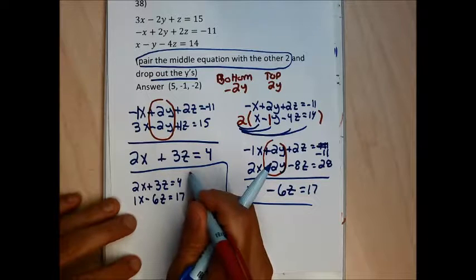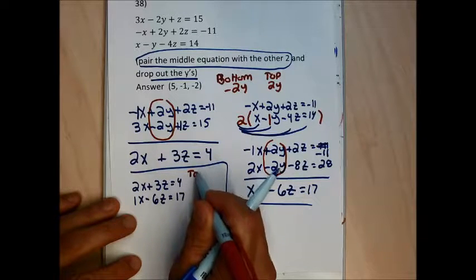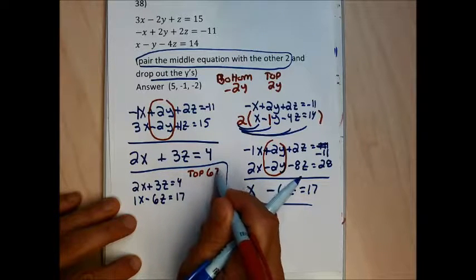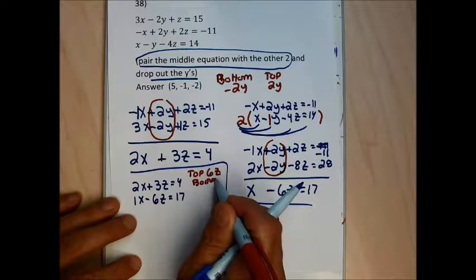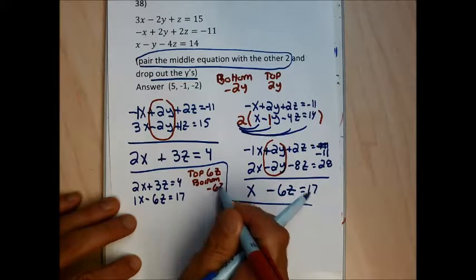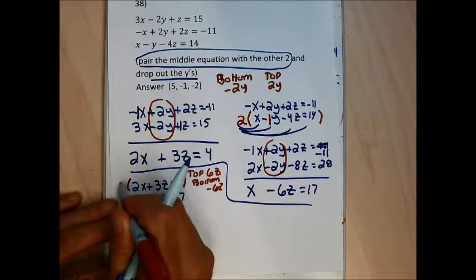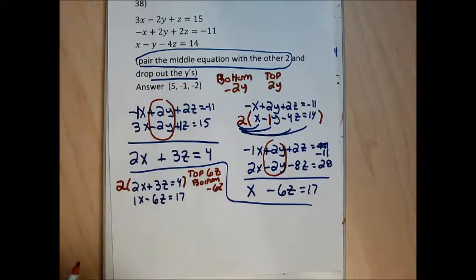What I'm going to do for this set is make the top have a 6z, and I'll leave the bottom with the negative 6z, and I'll drop out the z's. So to do that, I'm going to multiply the top by 2.